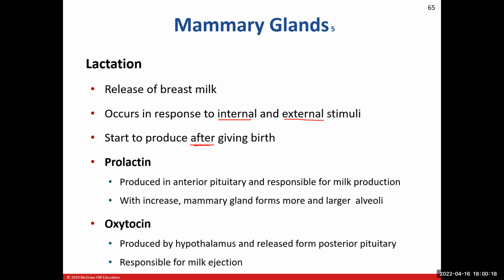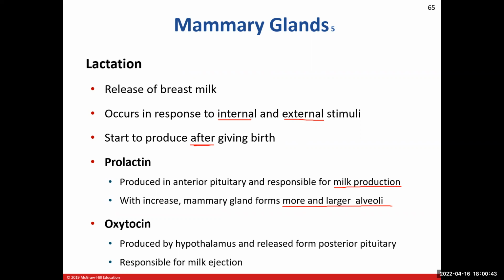We're going to involve two hormones, prolactin and oxytocin. Prolactin is made in the anterior pituitary and released from the anterior pituitary. This is what makes the milk. This is what also increases the size of the breast, because we're going to develop more alveoli and the alveoli grow in size.